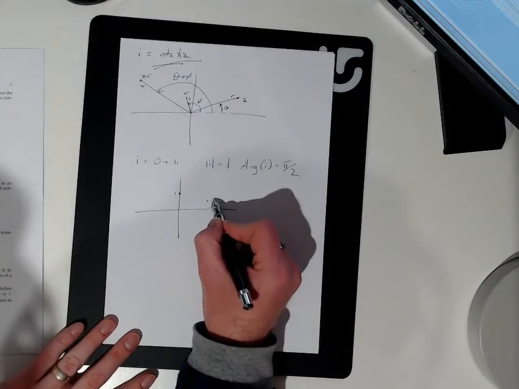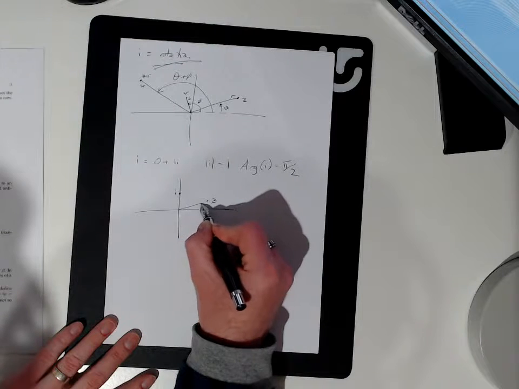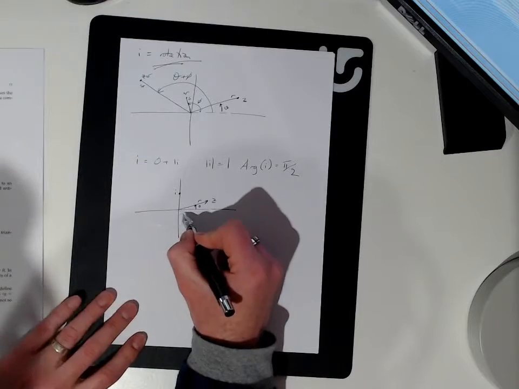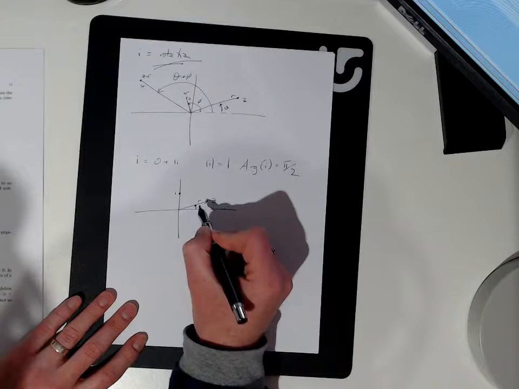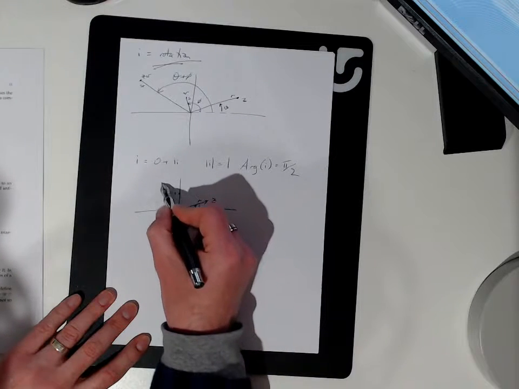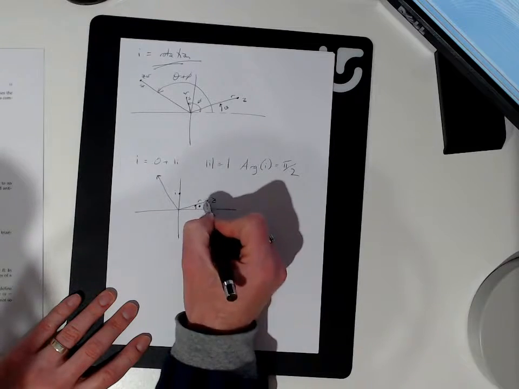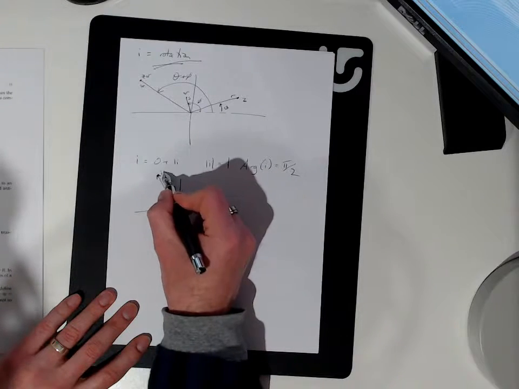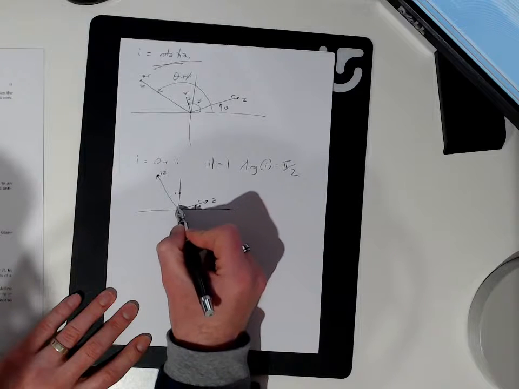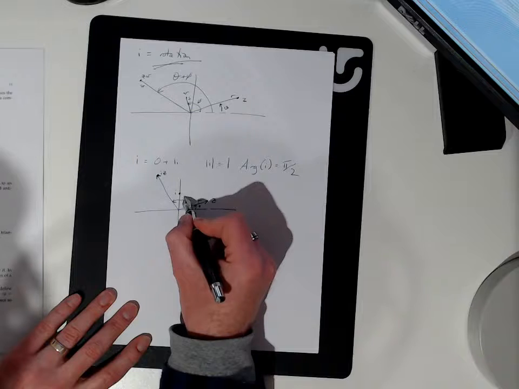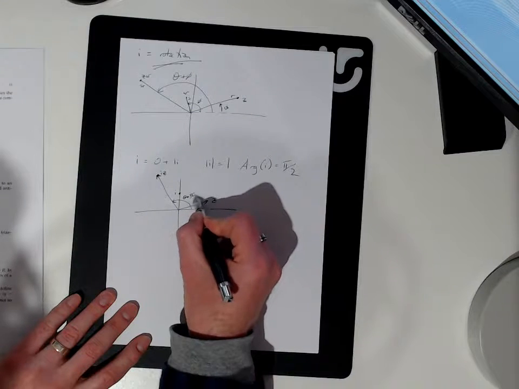So if you consider z, with length r and angle theta, then iz has angle theta plus pi over 2.